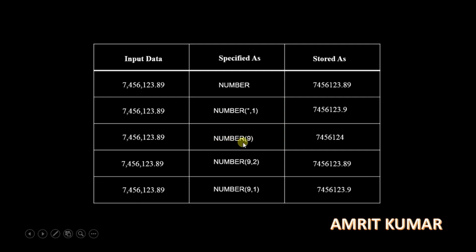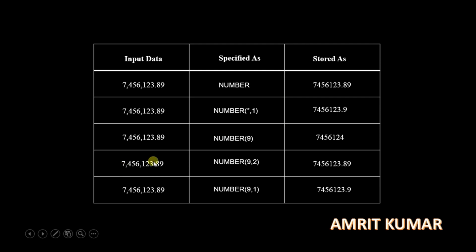Now we have stated the condition that the number should be 9 only. So I have specified the precision only. The total number of digits can be only 9, and no decimal value.